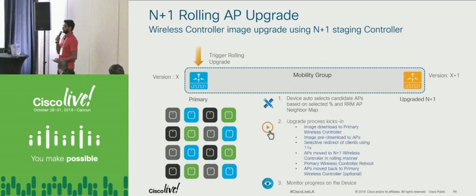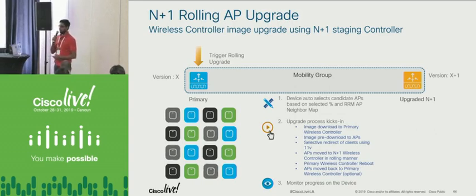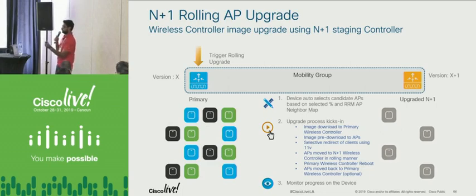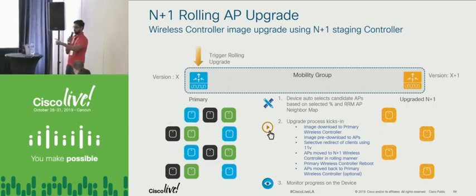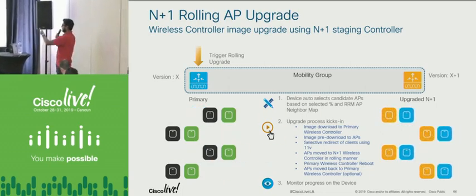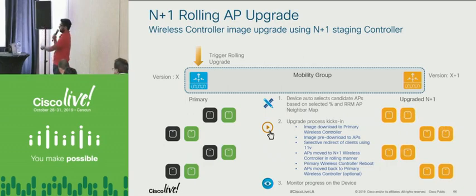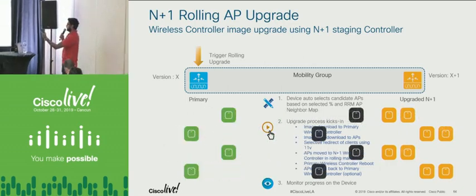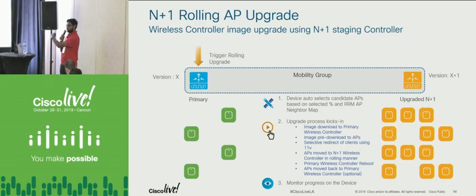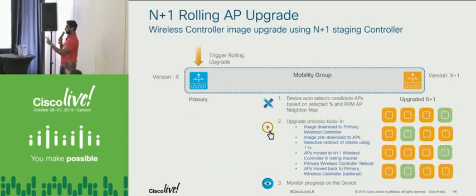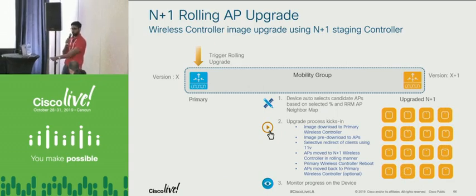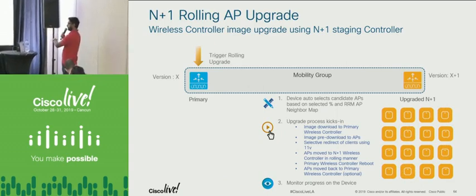After going through the pre-download, batches will be sent to the N+1 controller while the other access points are still catering to the client. And as long as the configuration is matching on the N+1 controller, these access points are going to go there, join, reload, and start catering to the client in a salt and pepper fashion until all the access points are pre-downloaded, upgraded and moved into the N+1.